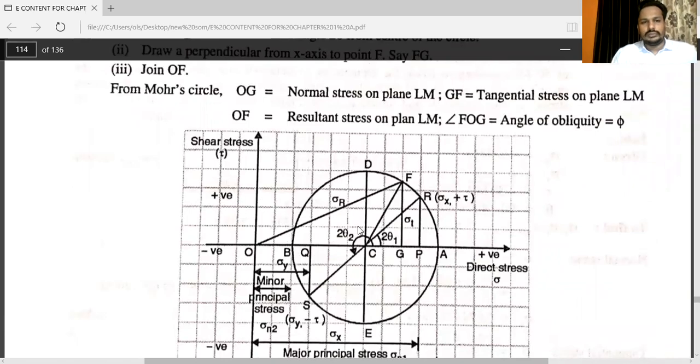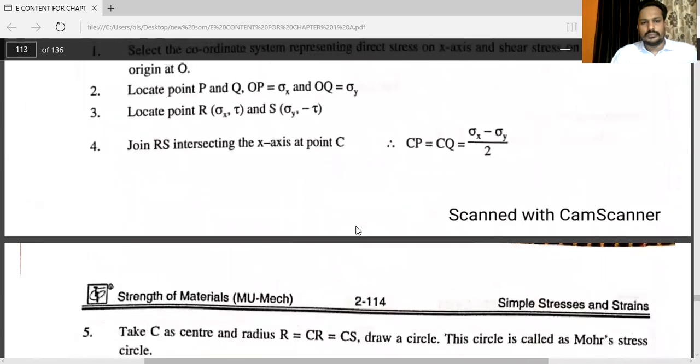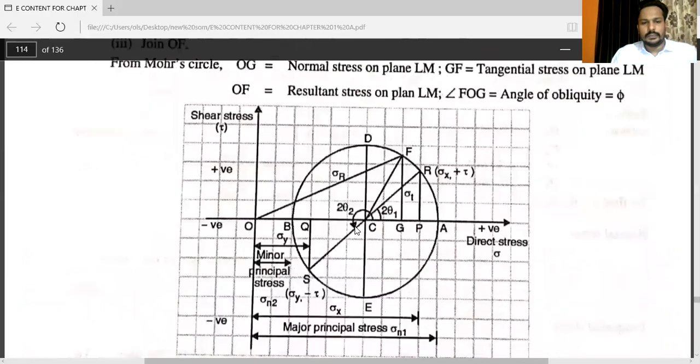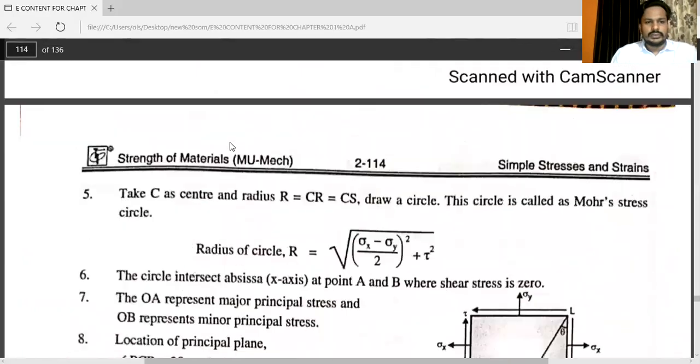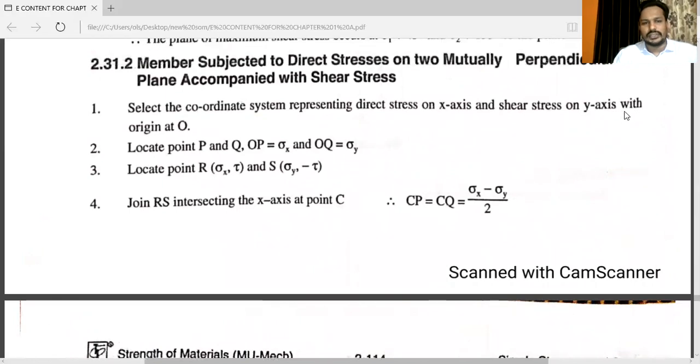Here I'm explaining the Mohr circle method for the third case, that is, if shear stress is given, tau will be given to you. First select the coordinate system representing direct stress on the x-axis and shear stress on the y-axis with origin at O. That already we know.